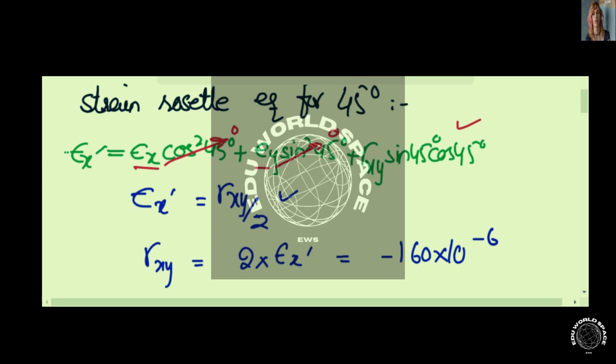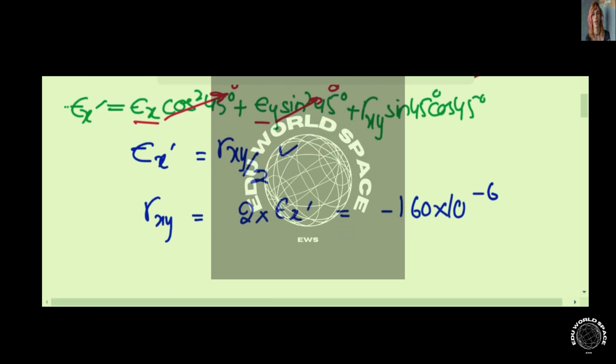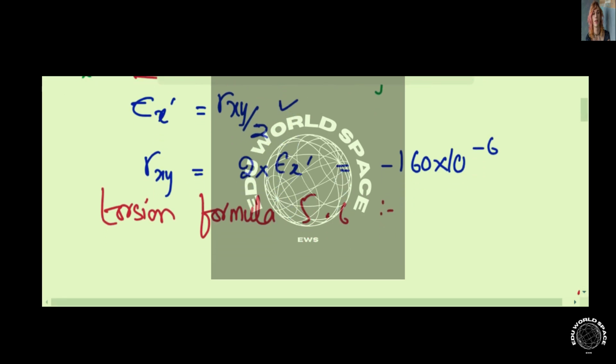From here we are going to use the torsion formula 5.6, right? So that is torsion maximum is equal to T times c divided by J, right? And recall your previous knowledge that torsion is also equal to G times gamma, right?